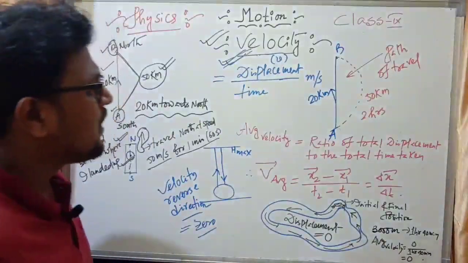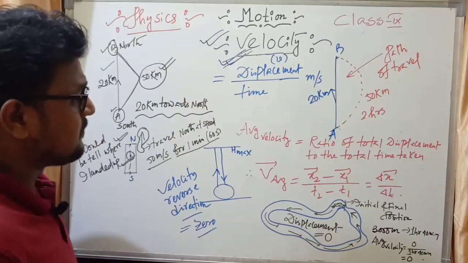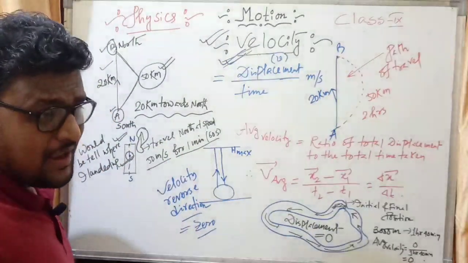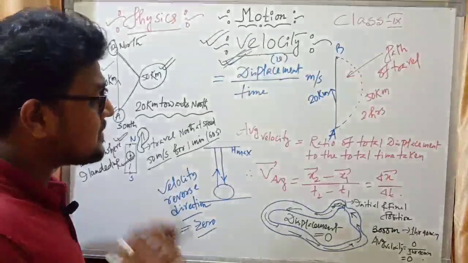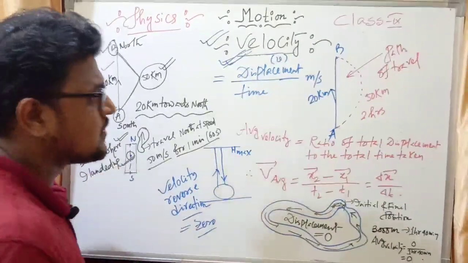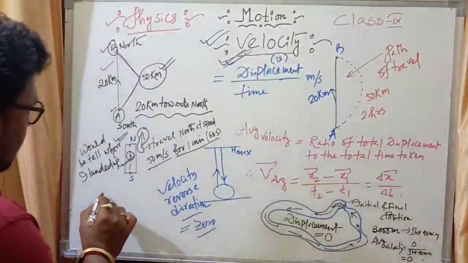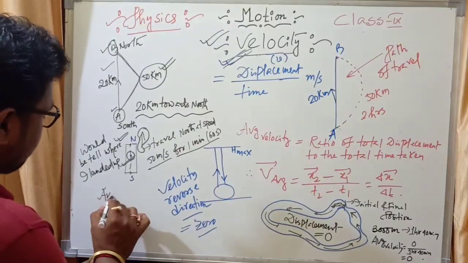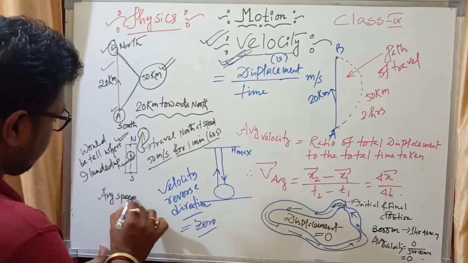Look at the diagram here. If we come to average velocity, first of all we learn the basic concept of displacement and distance. In average speed, what do we learn?